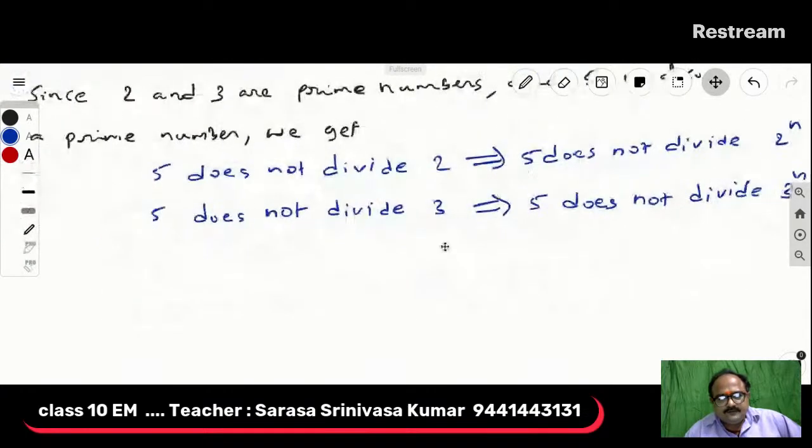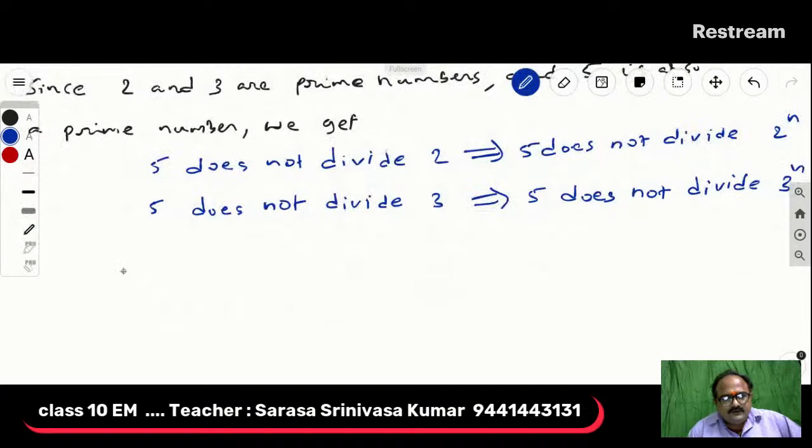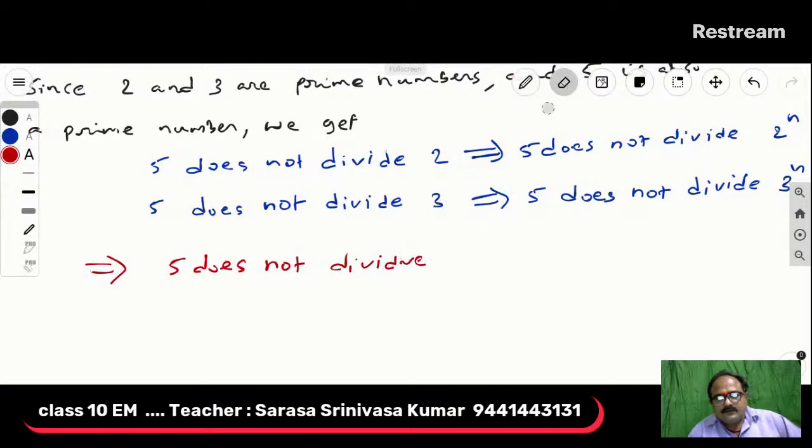Hence, from these two steps, we can conclude that 5 does not divide 2 to the power of n multiplied by 3 to the power of n.